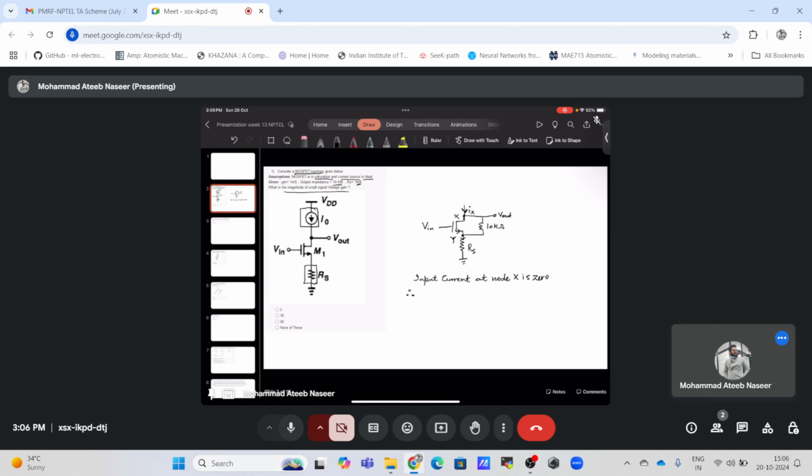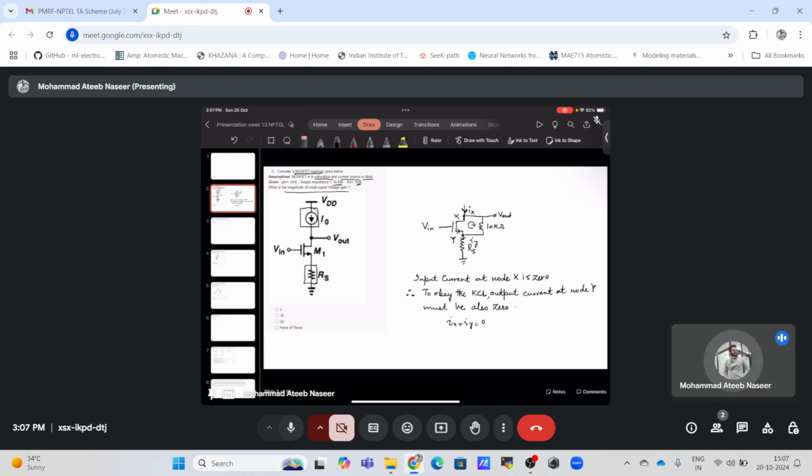To obey the KCL, the output current at node Y must also be 0. So the currents Iy and Ix are both 0, which means the current in the circuit is only flowing in this part.